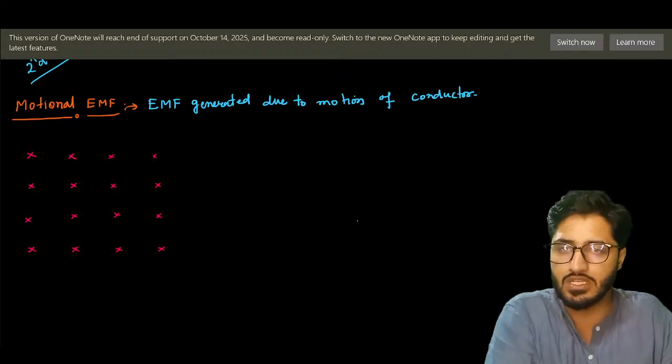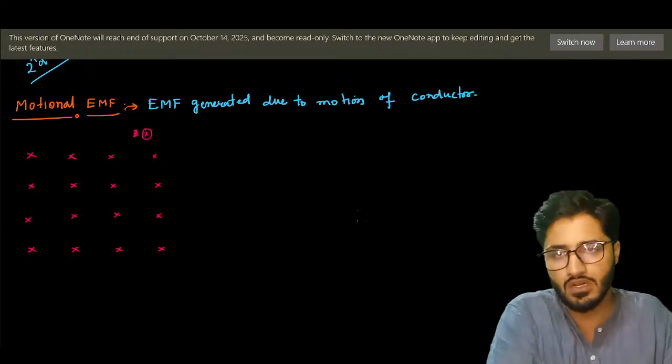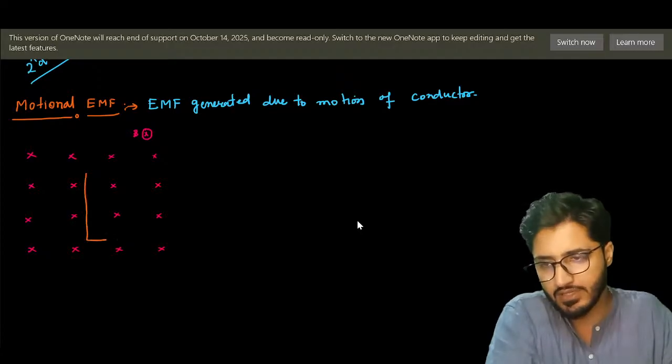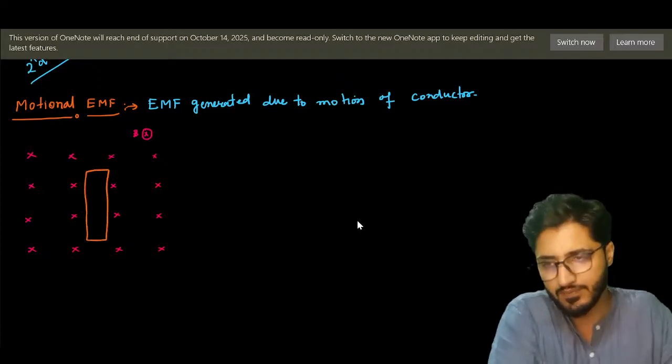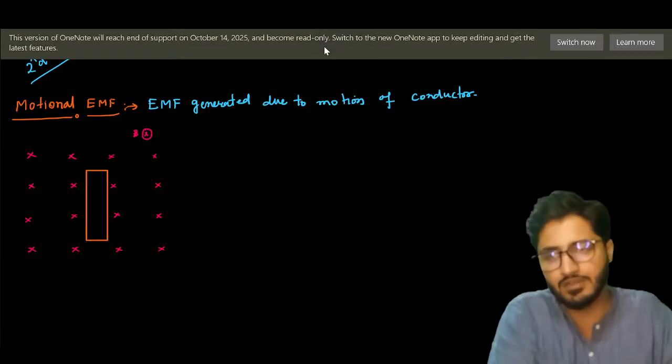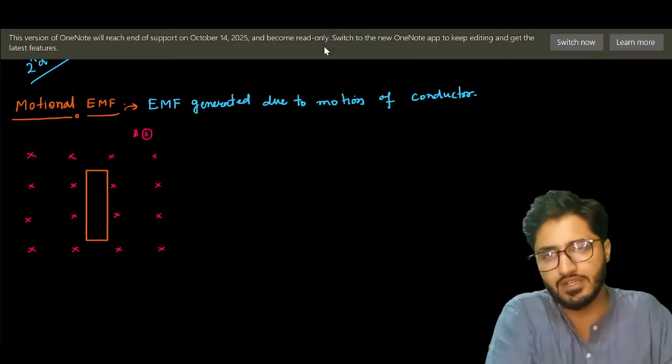Now we are having my conductor. Suppose this particular thing that I'm creating now is a conductor, and this conductor is in motion.